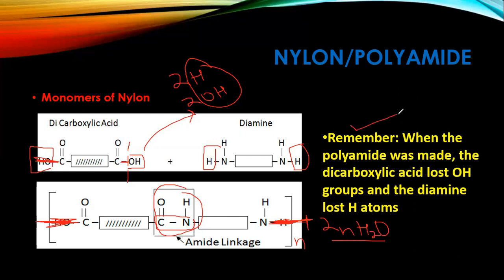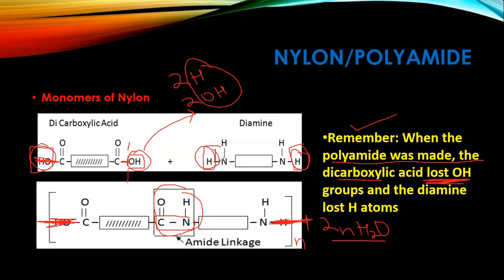Point to remember: when the polyamide is made, the dicarboxylic acid always loses the OH group from both sides. So both carbon atoms will have a vacant bond now. Similarly, hydrogen will be lost from both sides of the diamine.